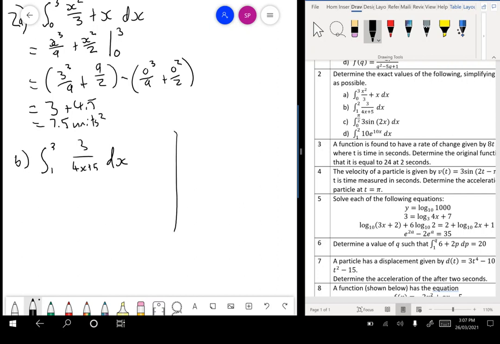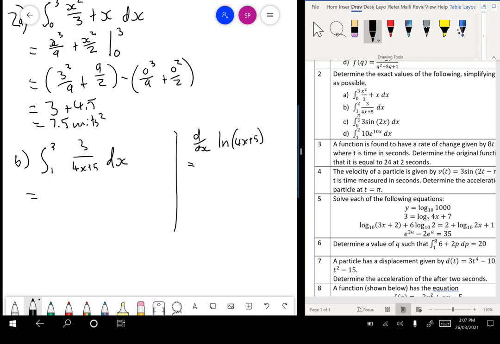We're going to end up with ln 4x plus 5 essentially, to get that. So let's just write that. If I was finding the derivative of ln 4x plus 5, notice that 3 is not anywhere, and we're going to talk about that in a second.